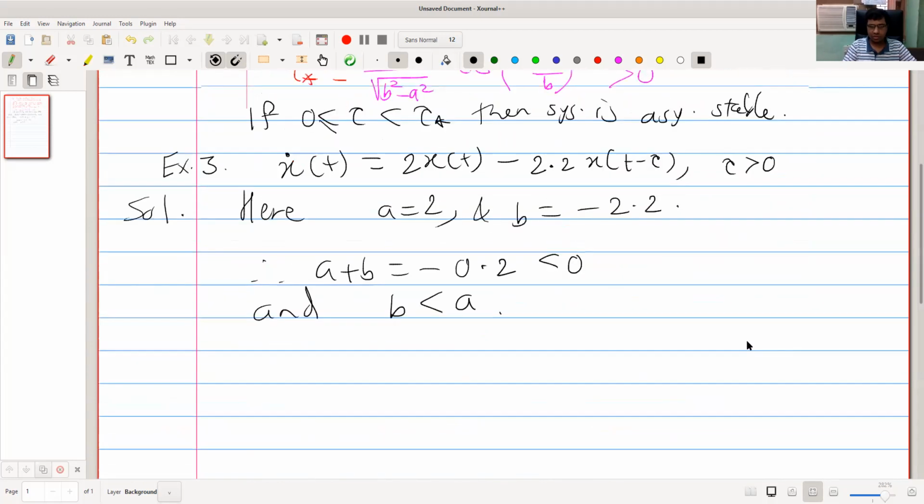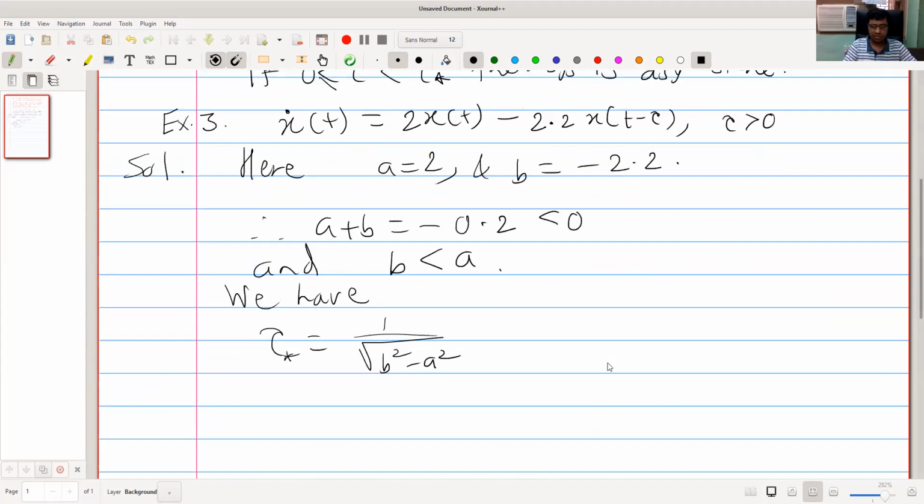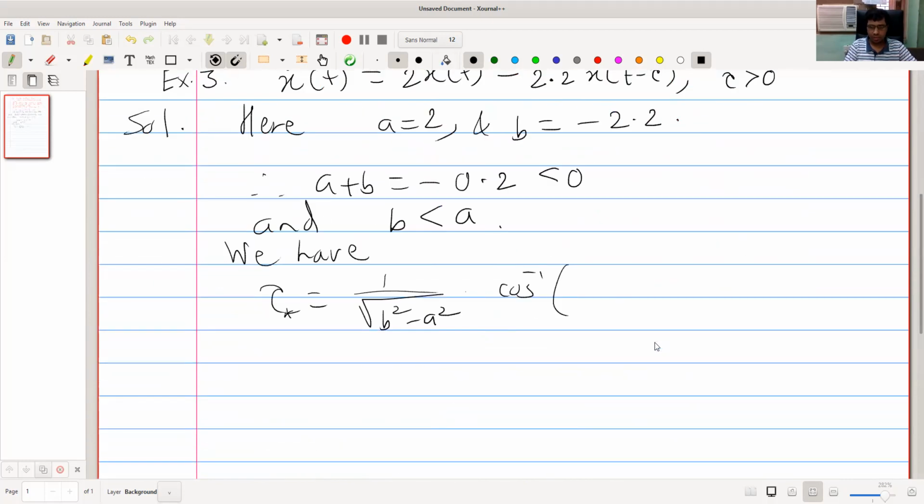So we have tau star equal to 1 upon square root of b square minus a square, into cos inverse of minus a upon b. So this is 1 upon square root of b square minus a square.